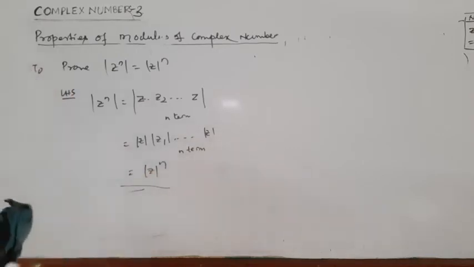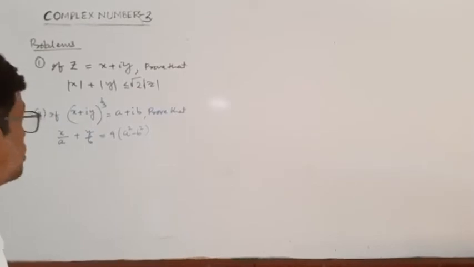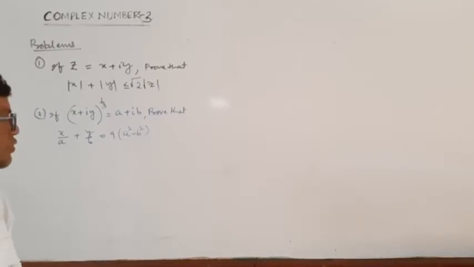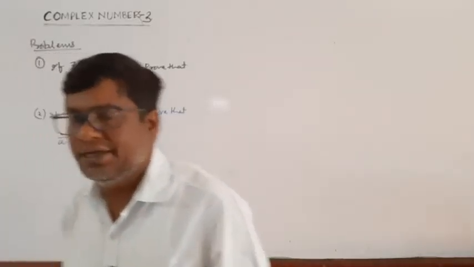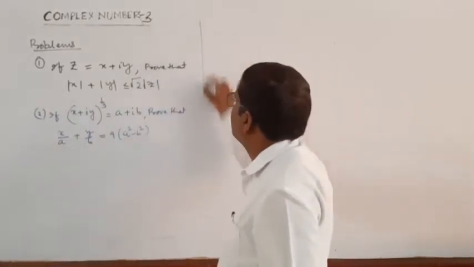Now some questions based on modulus and conjugate. Prove the problems. Question number 1. If z is equal to x plus i y, prove that mod x plus mod y is less than or equal to square root 2 into mod z. So the solution of question 1 is what?